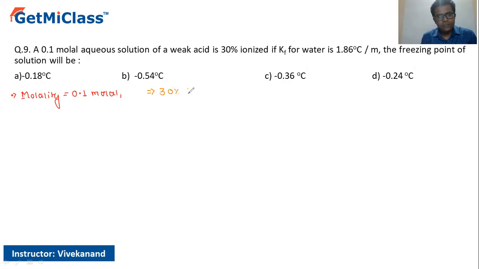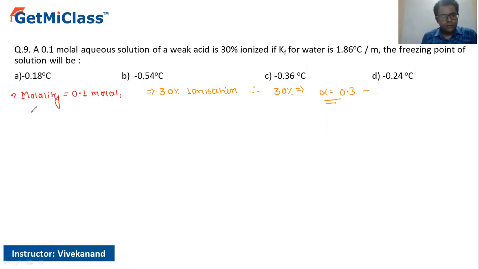So 30% ionization, in the form of the degree of dissociation alpha, can be written as 0.3. This is the thing that we need to remember.